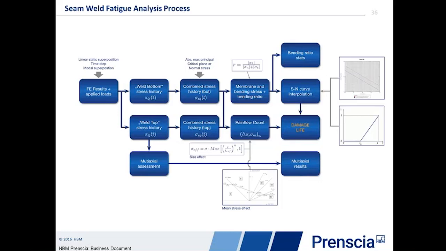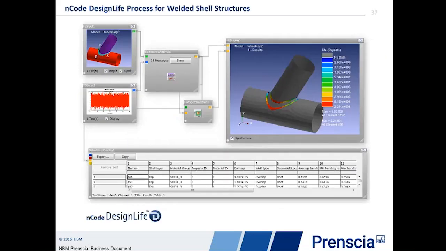That happens automatically under the covers, but what it allows us to do is have a single definition of material behavior for welds and steel, one for welds and aluminum. So it makes the system very, very automated in terms of doing analysis.